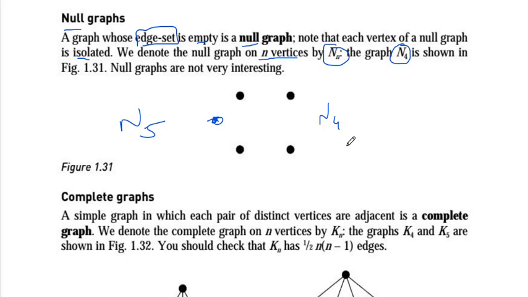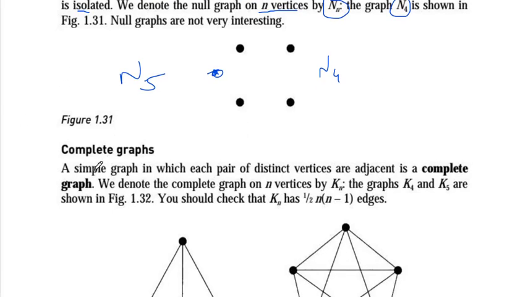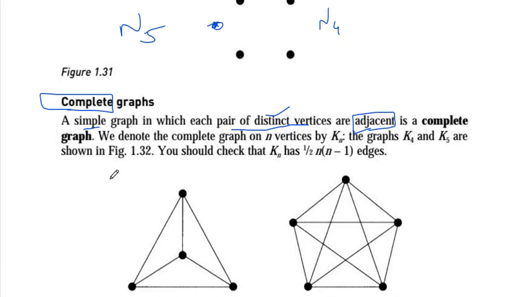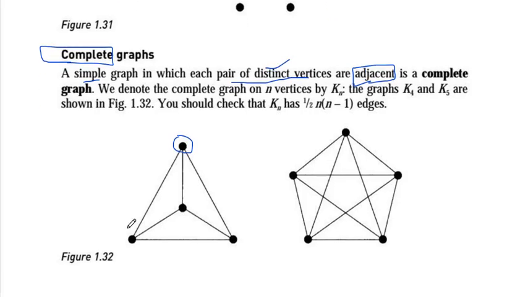Then complete, as the word itself says, is a pure complete graph. It's a simple graph in which each pair of distinct vertices is adjacent. Adjacent means near. So this vertex is connected with all the vertices, and this vertex is also connected with all the vertices.